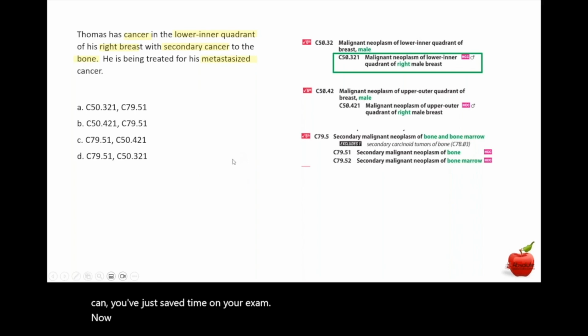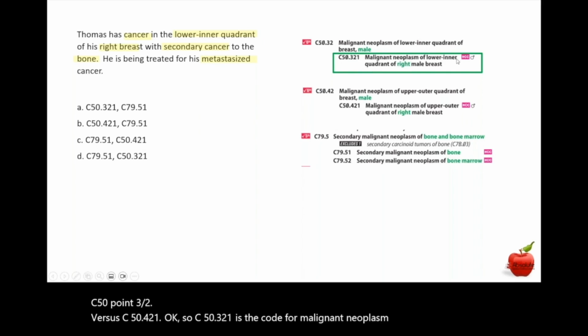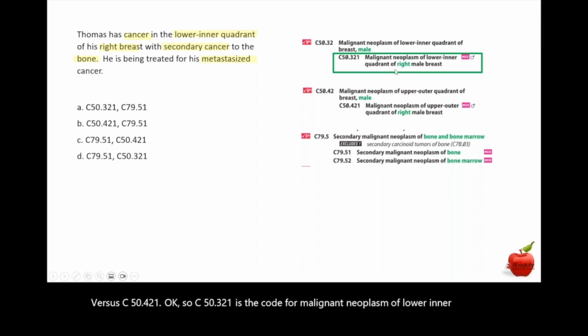Now, let's go ahead and finish coding this out. C50.321 is the code for malignant neoplasm of lower inner quadrant of the right male breast. Those are our key words.